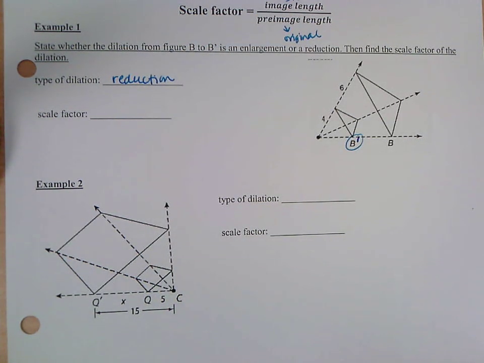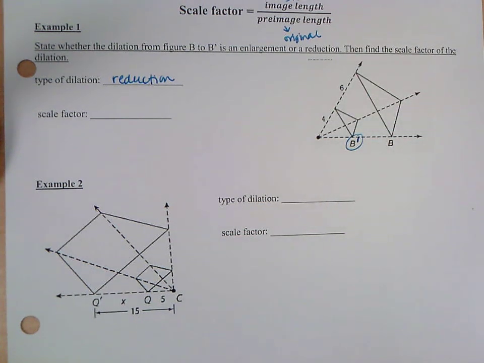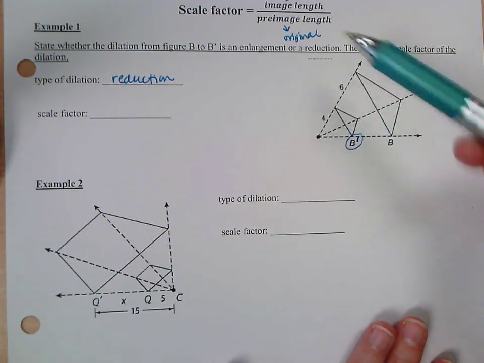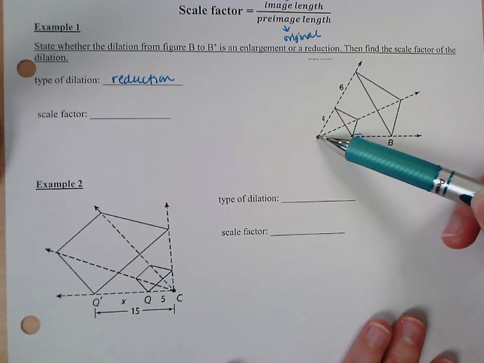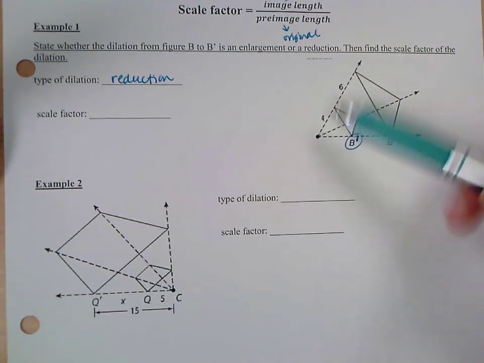And so the scale factor then, so I know that the 4 and the 6 here, these are not lengths of any of the sides of that triangle, but you can still use those lengths to get your scale factor. So we have this length from our center point. That's where the dilation is happening from.